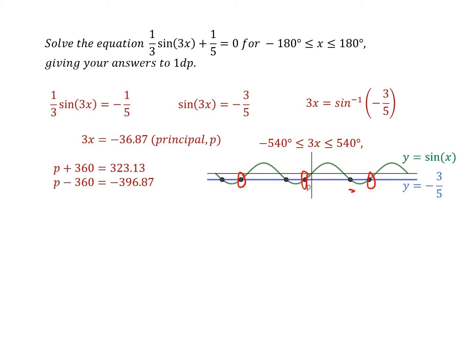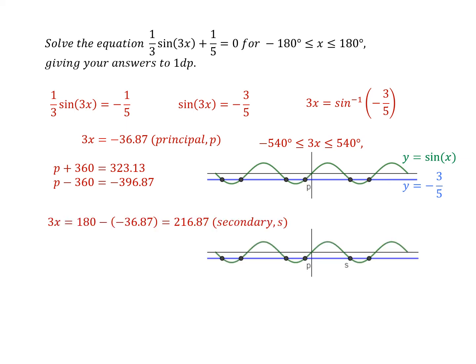What about this one though? Well, the way that I would always do that one for sine is to say 180 minus the principal value. And when I do that, I'll get this value, which is on the downward slope. And that's what I call the secondary value.